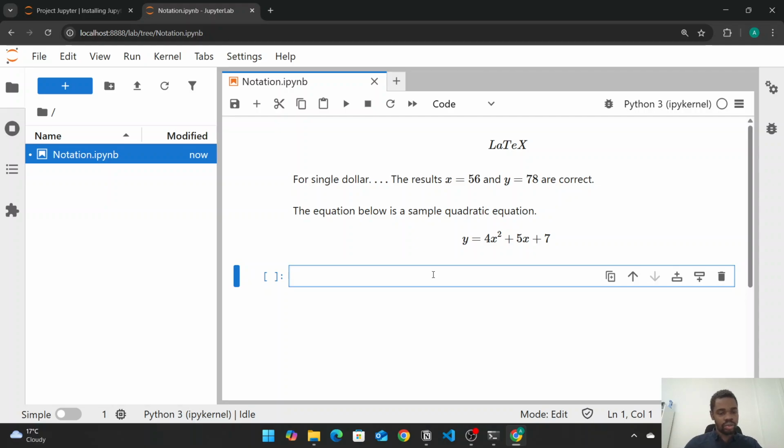So we continue with code for the equation above.